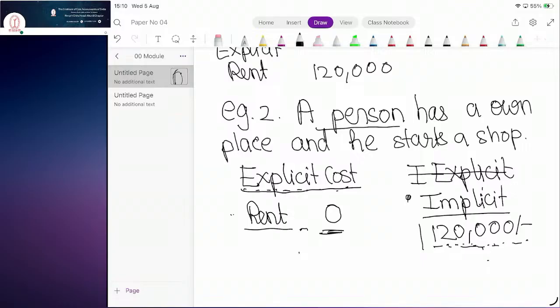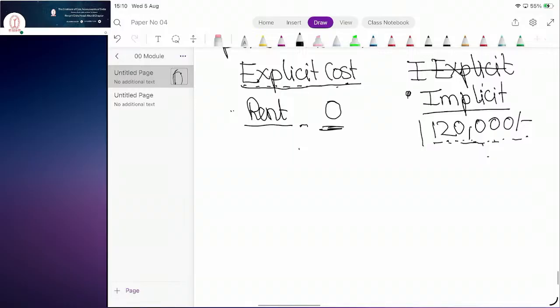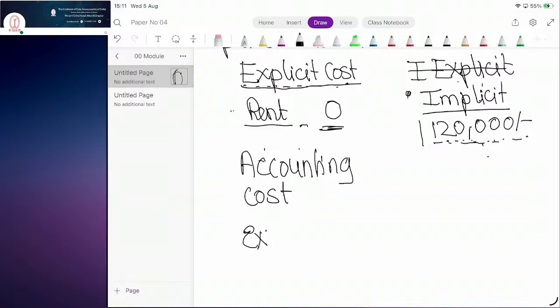Okay, but when you are looking at it from an economic point of view, we will consider both explicit cost and implicit cost. Okay, so just keep this in mind. Accounting cost is mainly the explicit cost, money that is paid out, and economic cost is both.